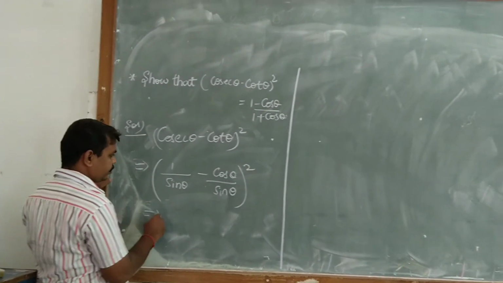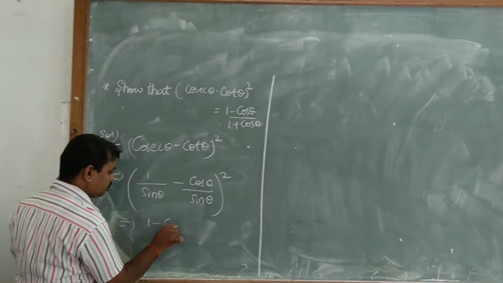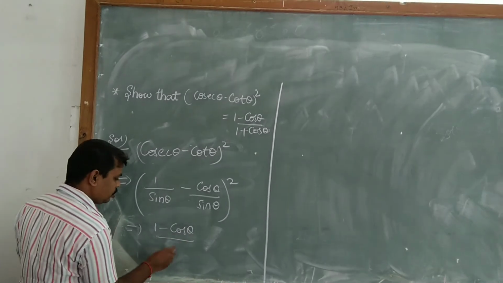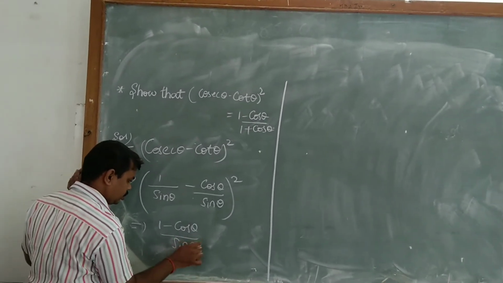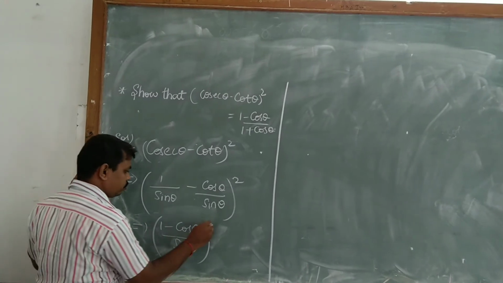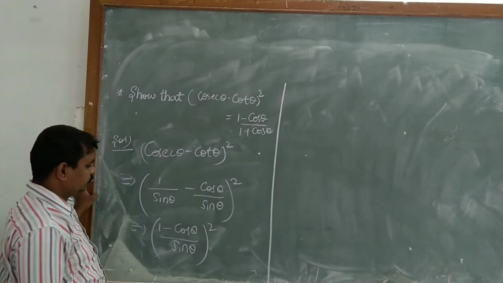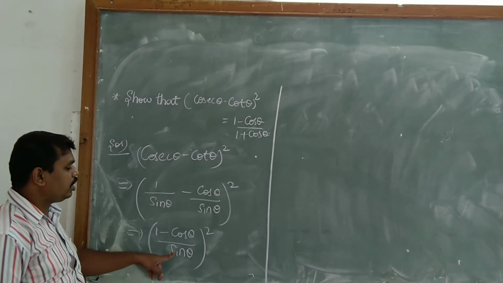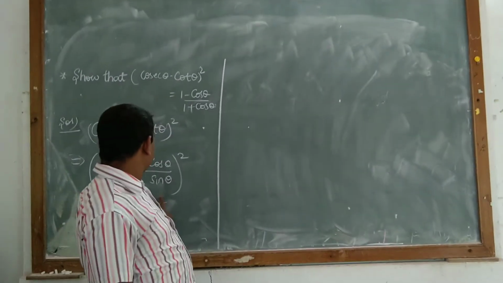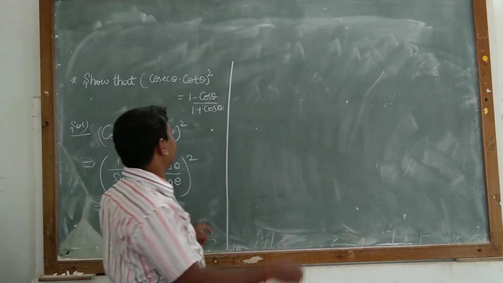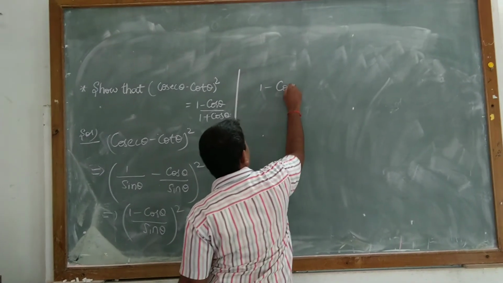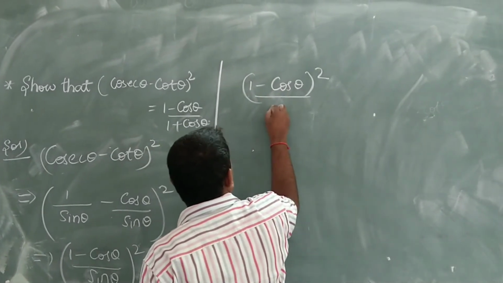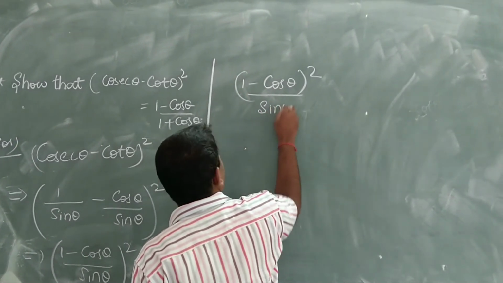So that implies you can write this as 1 minus cos theta by sin theta whole square. That implies 1 minus cos theta whole square by sin theta whole square.